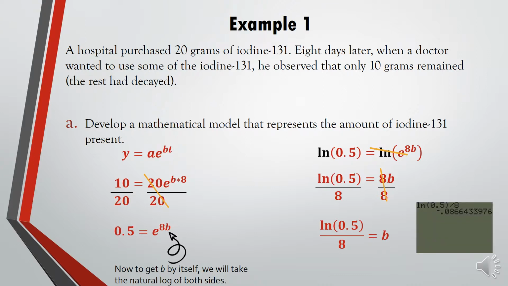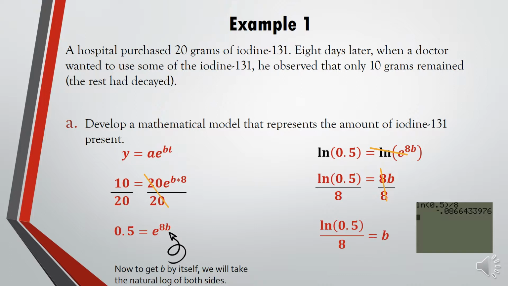And now we can plug this in our calculator. All right, so we have natural log of 0.5. Your calculator is probably going to open up a parenthesis for you here. If it does, you should go ahead and close it. And then divided by 8 is negative 0.086643398.